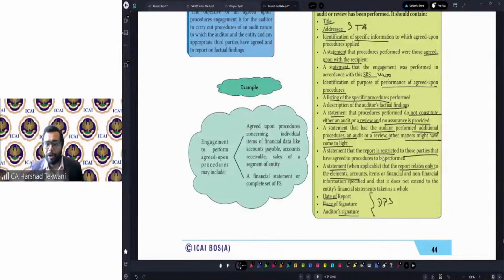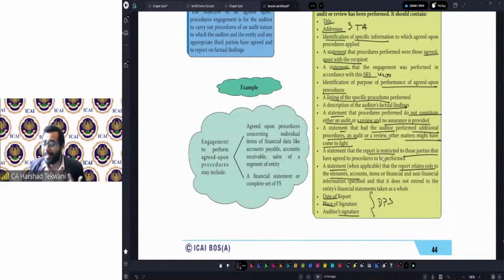Once I provide the factual findings, that these were the procedures and this is the factual finding, then this statement will come: whatever procedures I have mentioned above are not an audit and not a review, so they do not provide any assurance. Once you identify the information, the procedures, and mention the factual findings, then this statement comes into the picture.